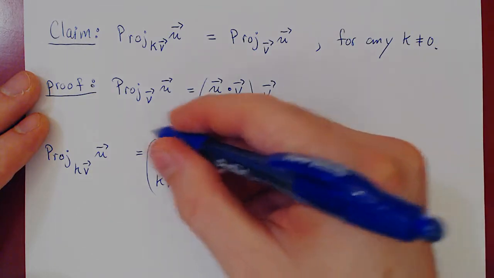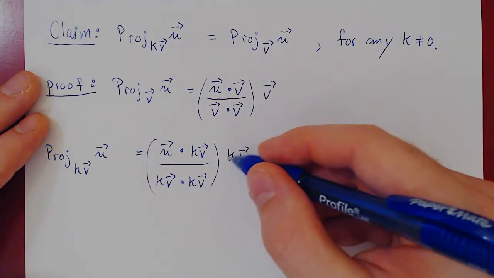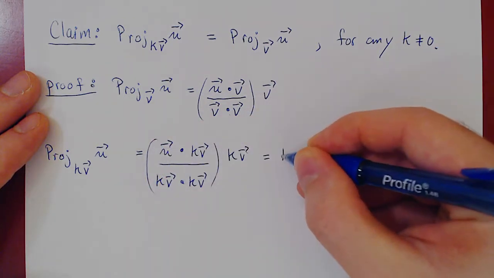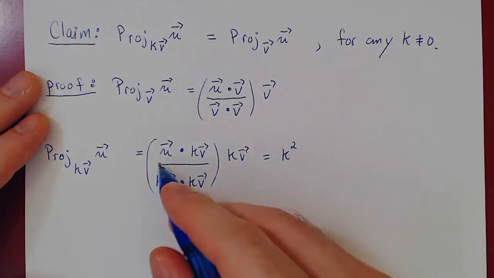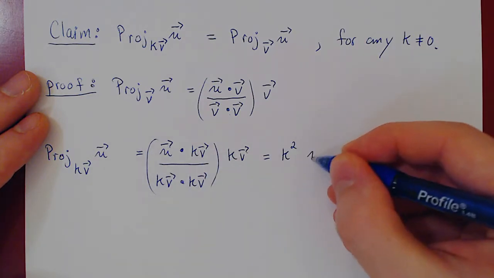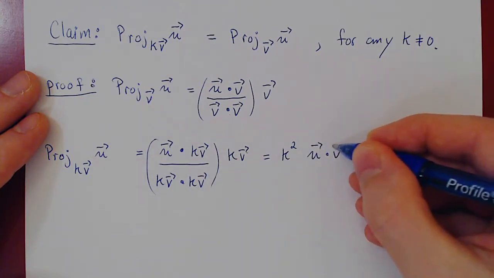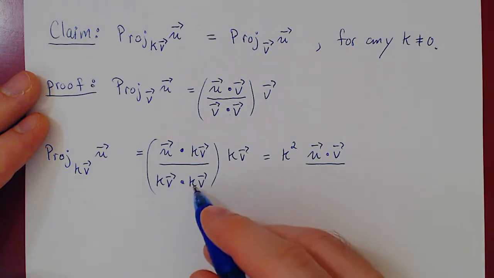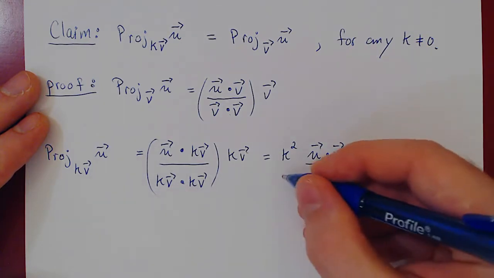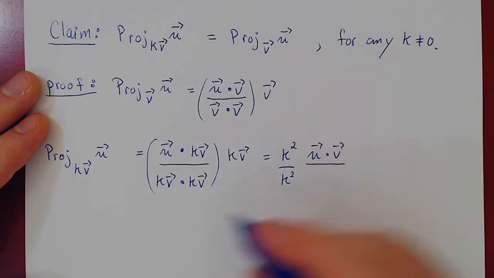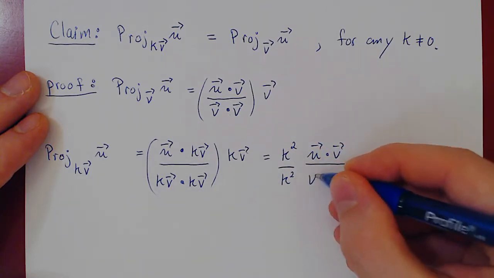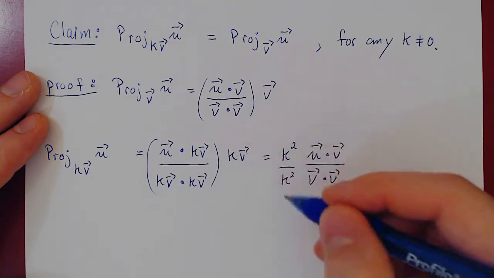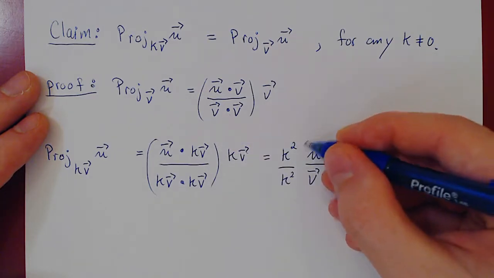So we'll pull this k out, but this is also a scalar multiple, so we'll pull this k up front, so we'll get k squared, and we'll be left with u dot v over, same thing here, we can pull both k's outside of the dot product, and we'll have k squared, and we'll be left with v dot v. Times, we've pulled this k out, and we're left with times v.